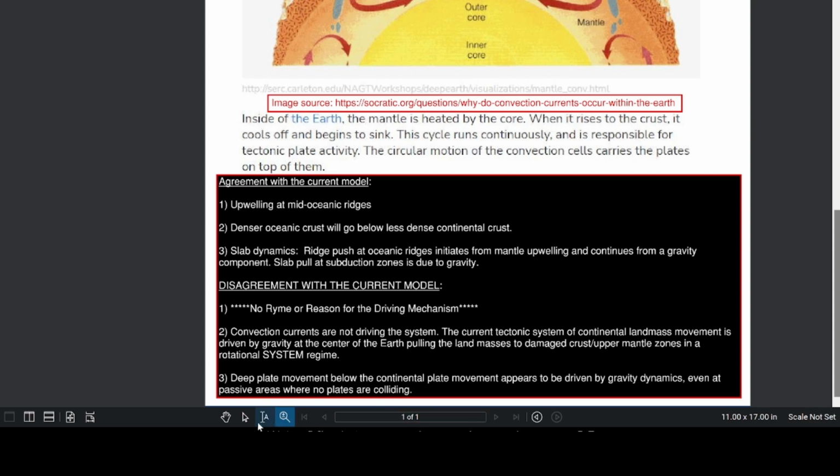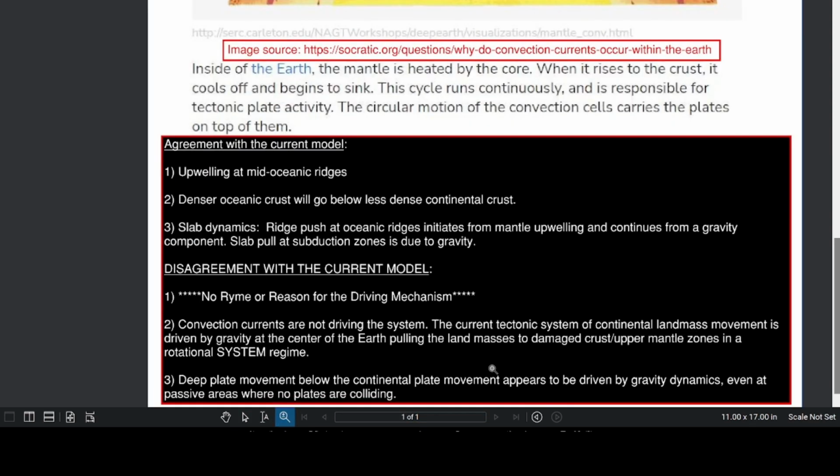I'll just zoom in a little bit. Okay, so there is upwelling at mid-oceanic ridges, which I showed up above. That's just simple physics. Yes, that does happen. Denser oceanic crust will go below less dense continental crust. That's just physics 101. Slab dynamics.